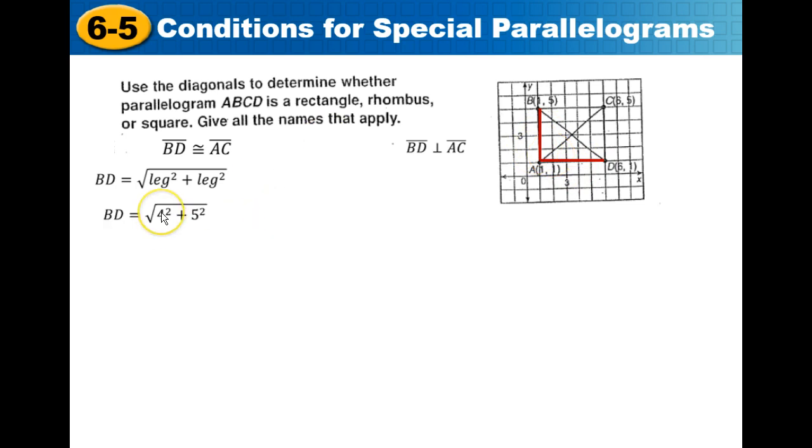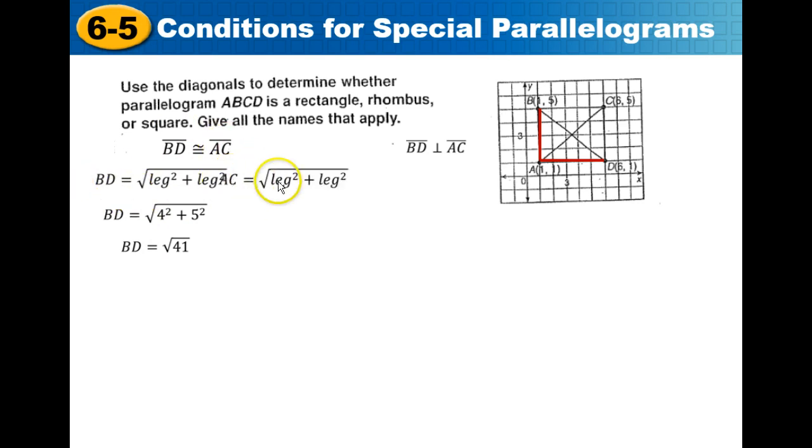We can plug those into the formula, the square root of leg squared plus leg squared. When we do that, we get 4 squared plus 5 squared. 4 squared is 16, 5 squared is 25. They add to 41, so we get the square root of 41. You're not going to get a decimal on these. You can leave it in simplest radical form, because remember, we're comparing this length, BD, to the length of AC.